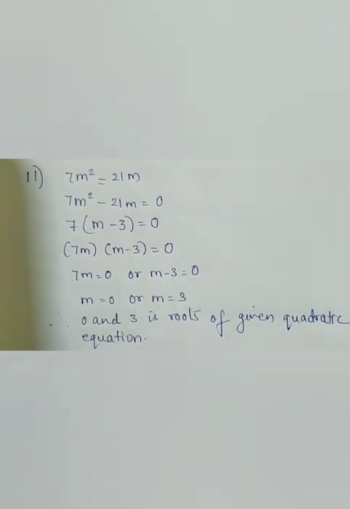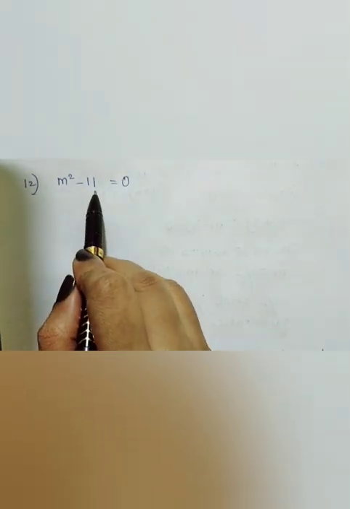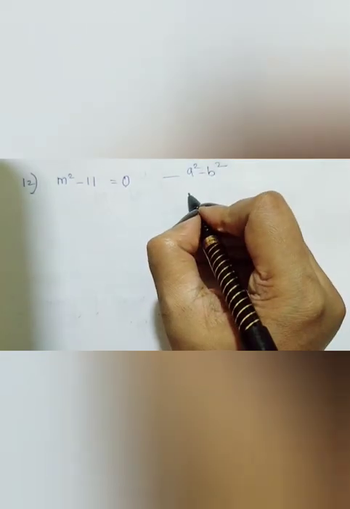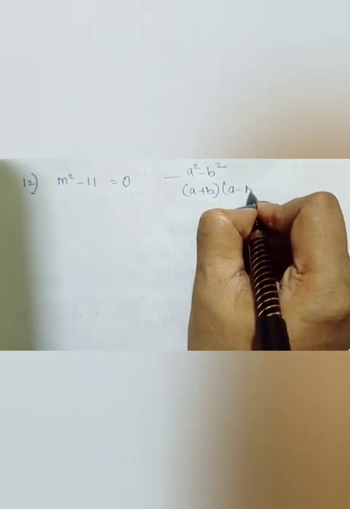Now we are going to solve last question, 12th one. Now last question, 12th one is m square minus 11 is equal to 0. Here also we are going to use this a square minus b square formula, nothing but a plus b and a minus b.